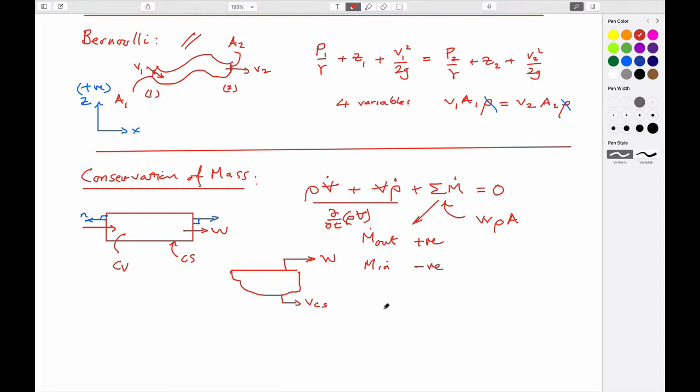And we know that relative velocities are, we can write that the static velocity is equal to the velocity at which something comes across the control surface plus the velocity that control surface is moving at. So this just becomes the vector sum. These are typically just single magnitudes, but they are actually vectors, of course, in x, y, and z. But if you resolve in one direction, it would be the component in the direction in which you choose to resolve. So that's conservation of mass.